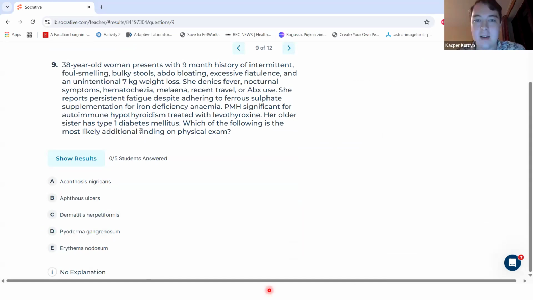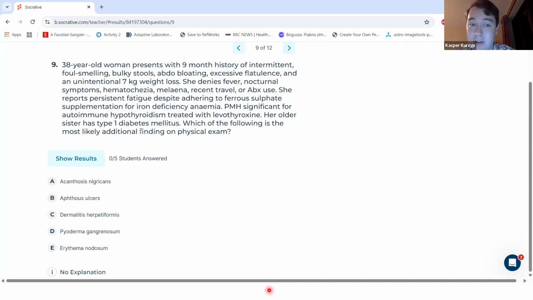So, a 9-month history of intermittent foul-smelling bulky stools, abdominal bloating, excessive flatulence, unintentional 7 kg weight loss. Something's not right. There is no fever, no blood in stool, no hematochezia, no melena, no recent travel, no antibiotics. She has fatigue, despite adhering to the ferrous sulfate supplementation for her iron deficiency anemia.